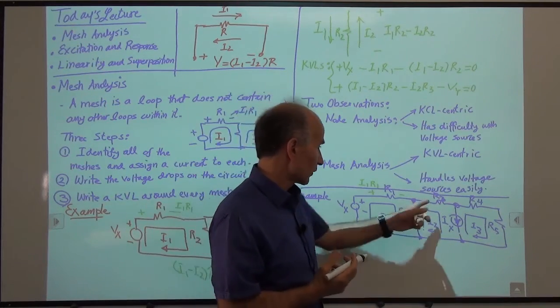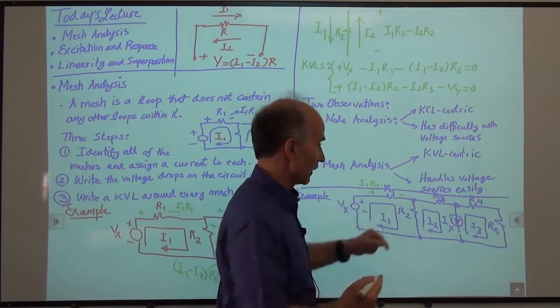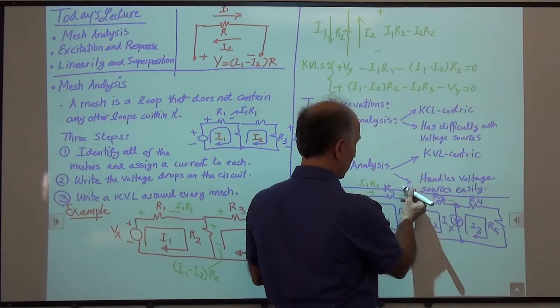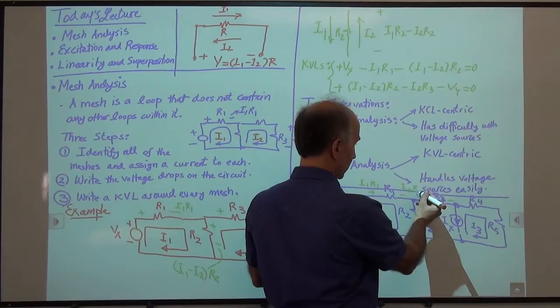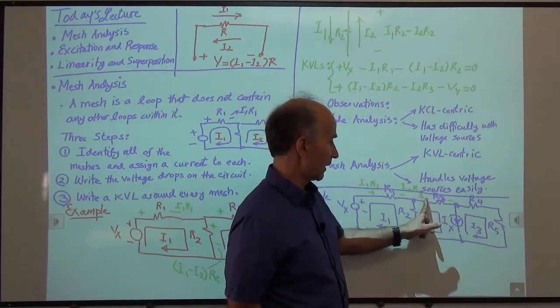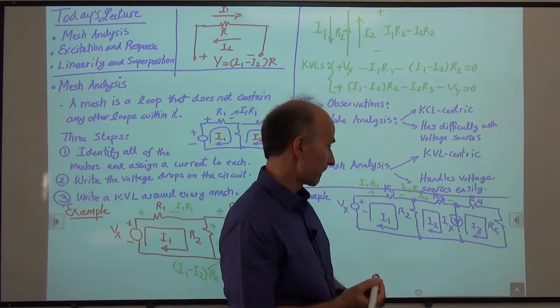Okay, how about R3? I2 is flowing this way, so that gives me a voltage drop like so, and that would be I2 times R3. So this voltage is the voltage drop from here to here. High potential, low potential. The current is going from high potential to low potential.